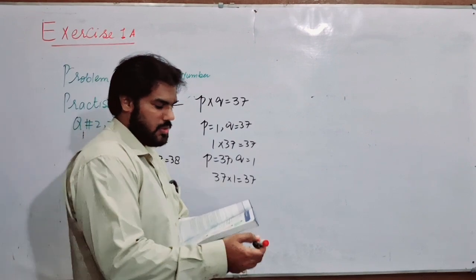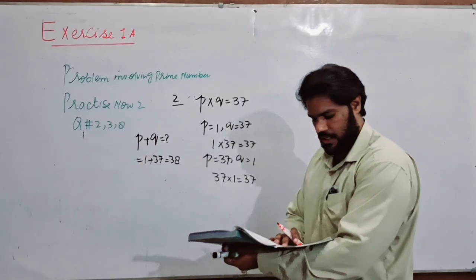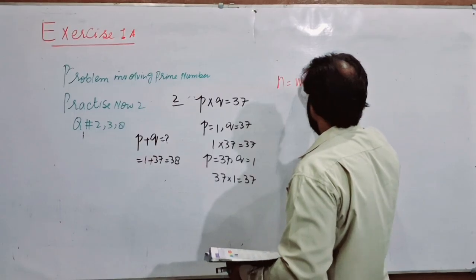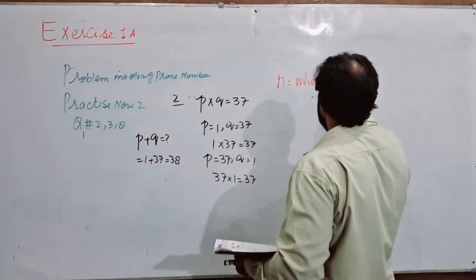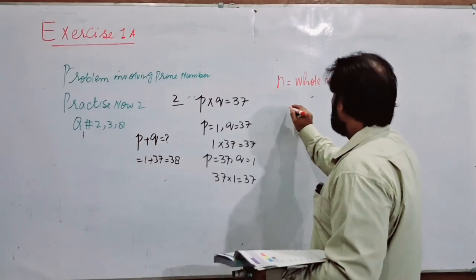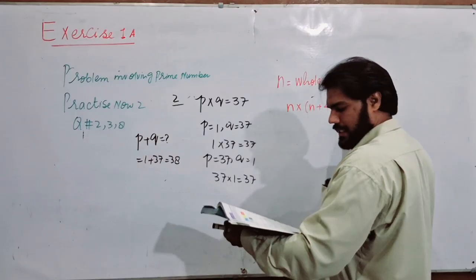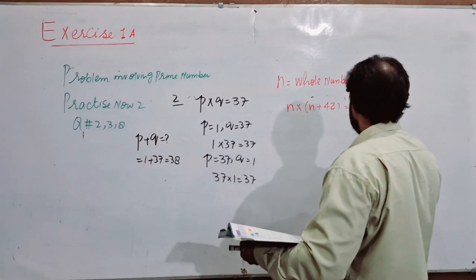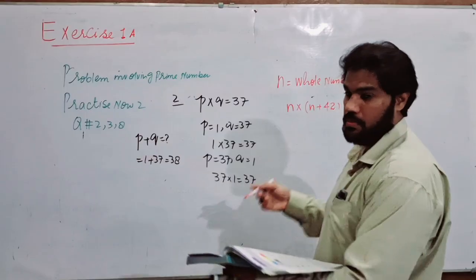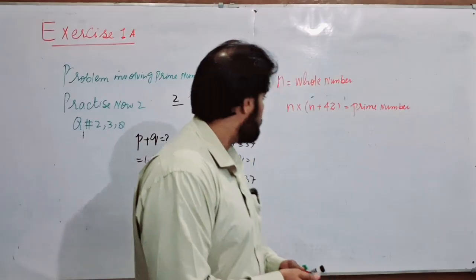Question number 3 states that if n is a whole number such that n cross n plus 42 is a prime number, find the prime number. You have to find that prime number and explain your answer. This is an interesting question.